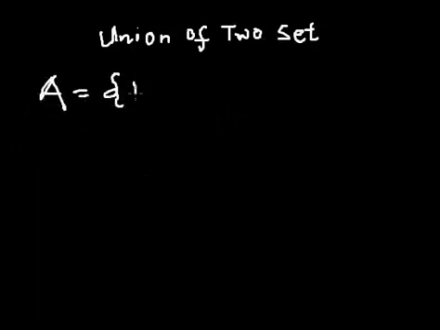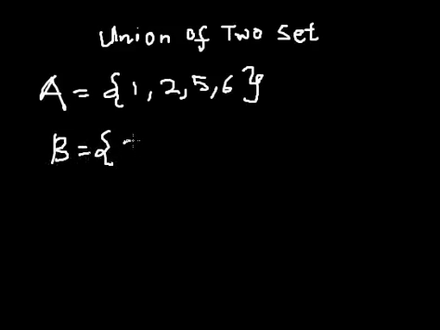So let's look at the union of just two sets, but you can also extend the definition to more than two sets. The union of two sets is simply the elements found in one set or both sets. For example, let's say we have A equal to 1, 2, 5, 6, then B equal to 2, 7, 8.